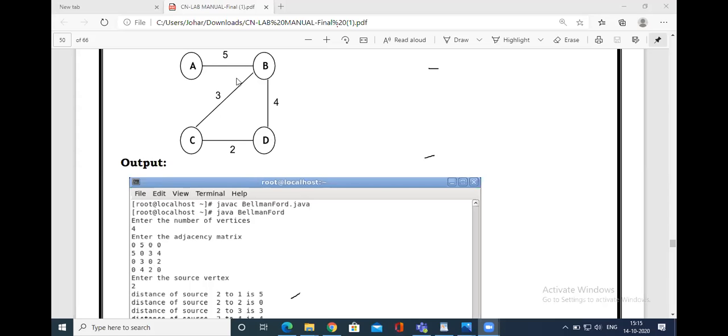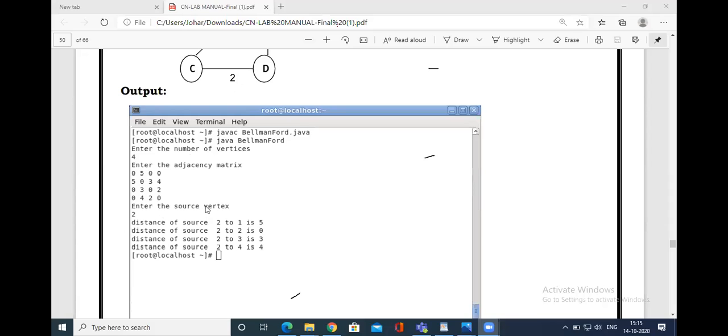C to B is 3, C to C is 0, C to D is 2. Similarly, the fourth row: D to A is 0, D to B is 4, D to C is 2, D to D is 0, right?